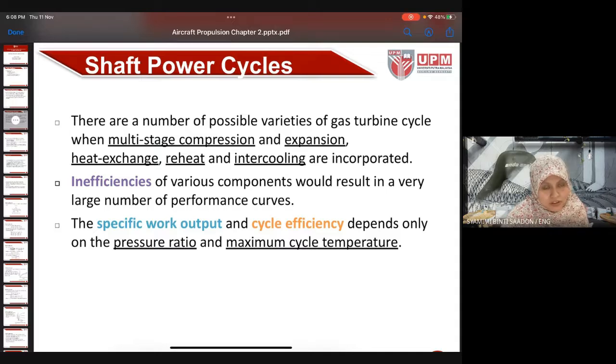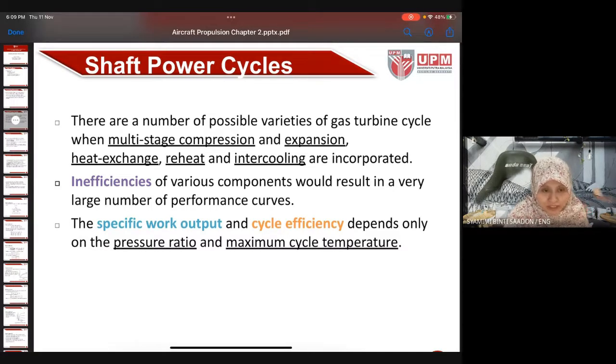These parameters depend basically on the pressure ratio and the maximum cycle temperature. Pressure ratio is normally the ratio of the pressure at the inlet and exit of the compressor. At the beginning of an aircraft engine, normally we have a fan, and after that a compression process, the compressor. So this ratio of inlet and outlet of the compressor is one of the main performance parameters to evaluate the performance of this gas turbine cycle.